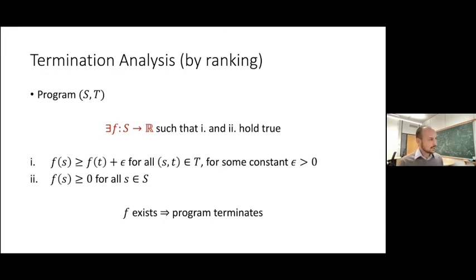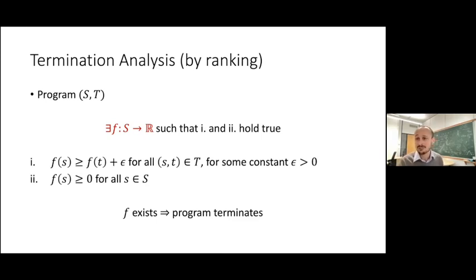Okay, so I've modeled the termination analysis question as the question of searching for a function. But actually, something that we learn from machine learning 101 is that machine learning is also a search for functions. We're searching for a classifier, we're searching for a function, or we're doing regression, we're searching for a function.